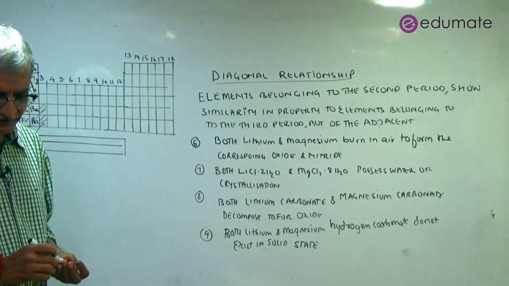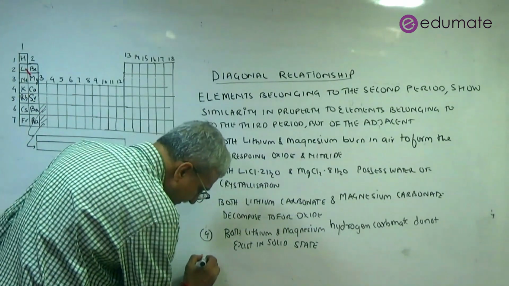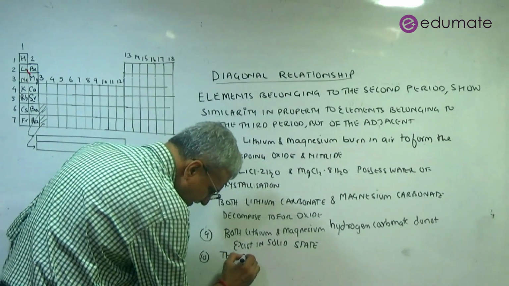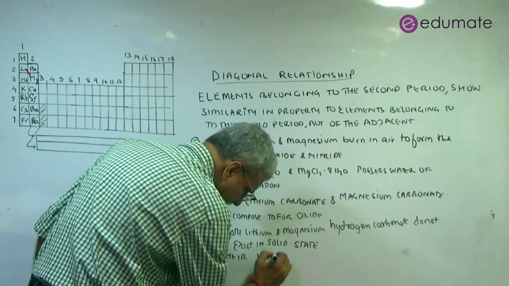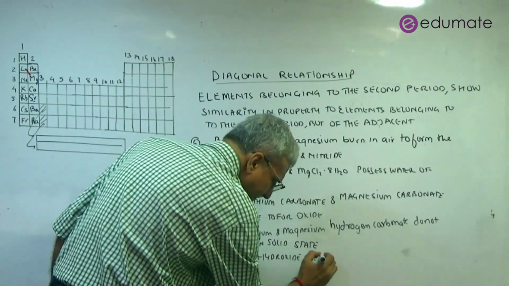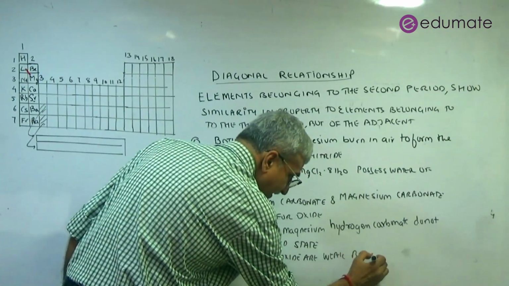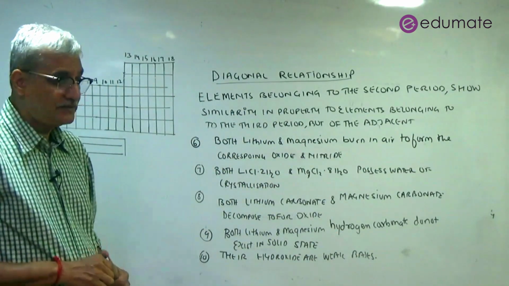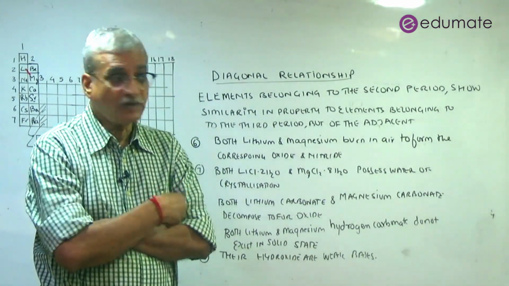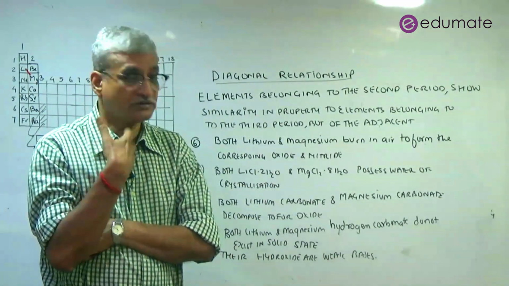Then both their hydroxides are weak bases. I'll give a very interesting example. Sodium hydroxide, we say, is caustic soda. If by chance you ingest it, it will burn your skin inside.